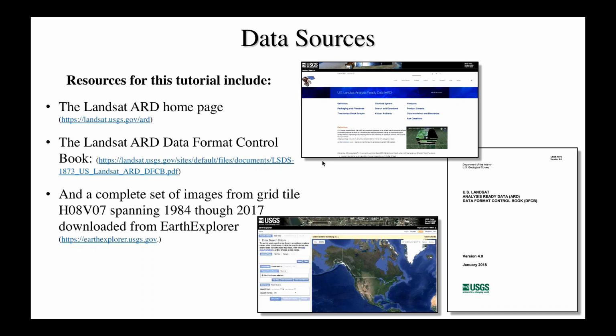It's where I pulled a lot of the specifics, especially for the quality assurance bands from. And I also downloaded an entire collection for the horizontal 8 and vertical 7 tile for Landsat, which basically covers the area around Logan, spanning 1984 to 2017 from Earth Explorer. So that's basically what I'm working with here.